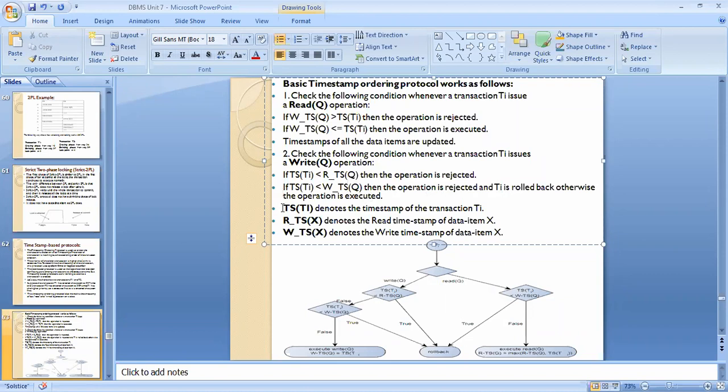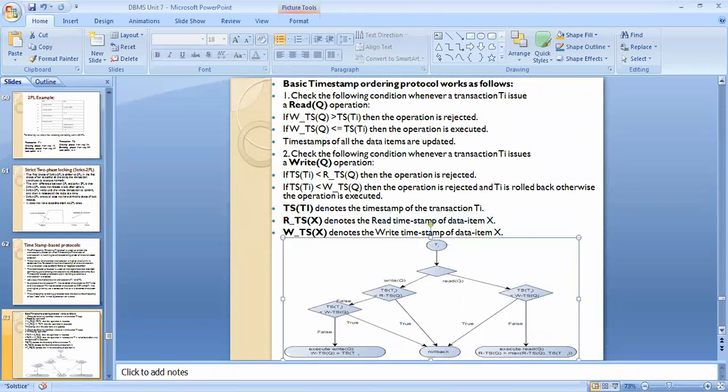Here, TS of TI denotes the timestamp of the transaction TI, RTS of X denotes the read timestamp of data item X, and write timestamp of X denotes the write timestamp of X. Whatever we have discussed is denoted by the diagram over here.